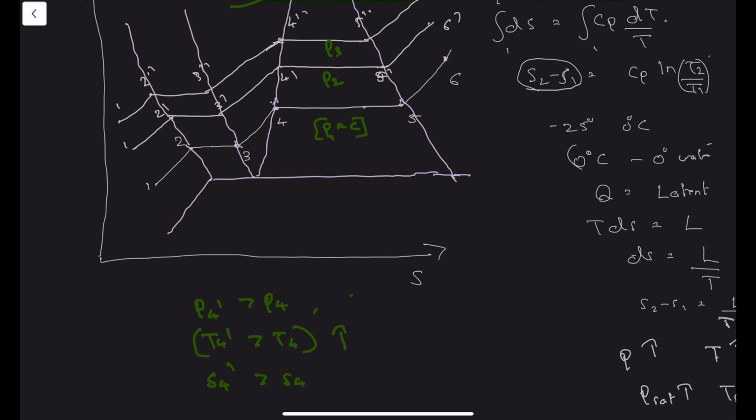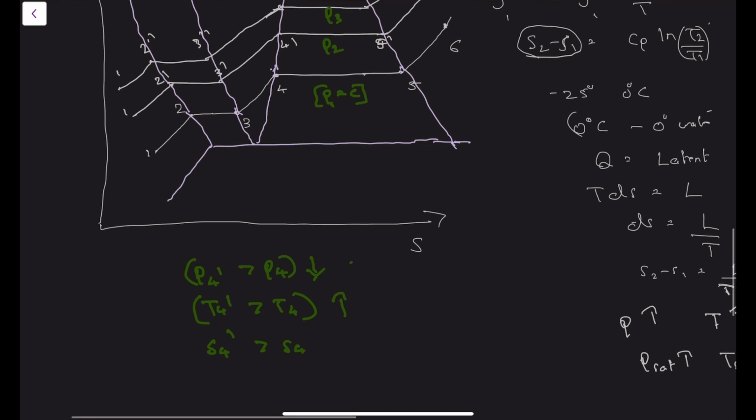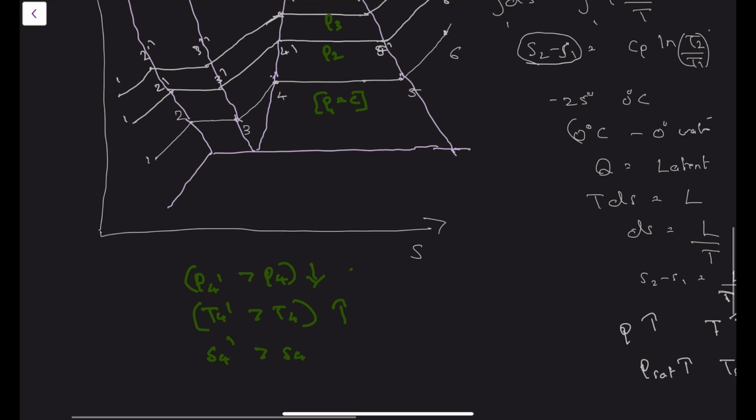Higher the temperature, more will be the entropy. But if you increase the pressure, it will try to bring down the entropy because it will try to bring the molecules closer together. It will reduce the disorder. So it will reduce the entropy. But the influence of pressure is low compared to temperature for a liquid. So temperature has a bigger impact. That is why S4 dash is greater than S4, right?